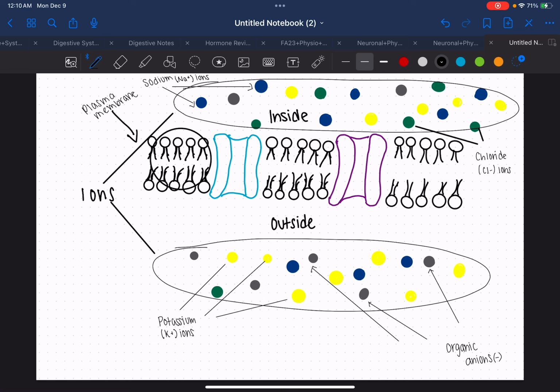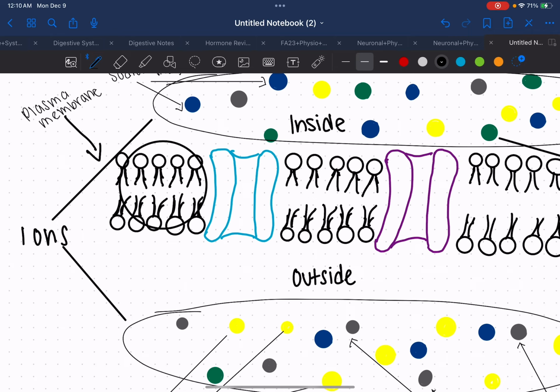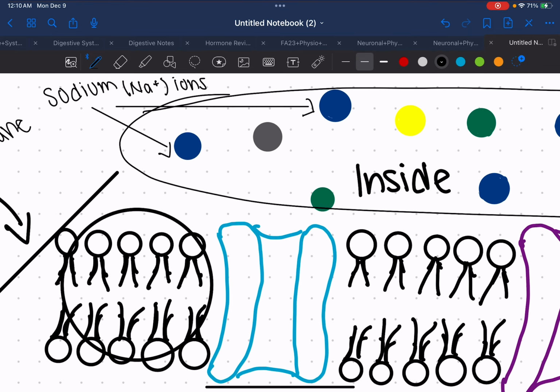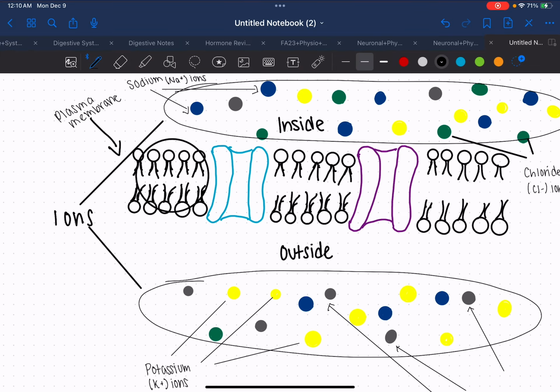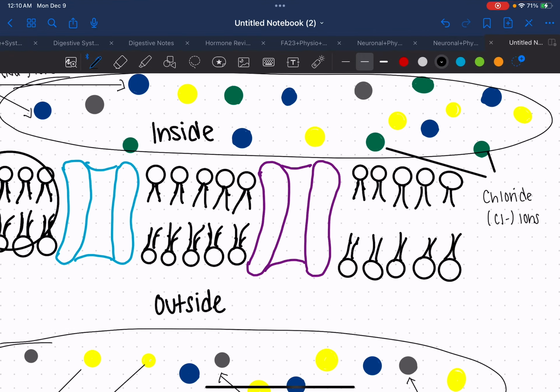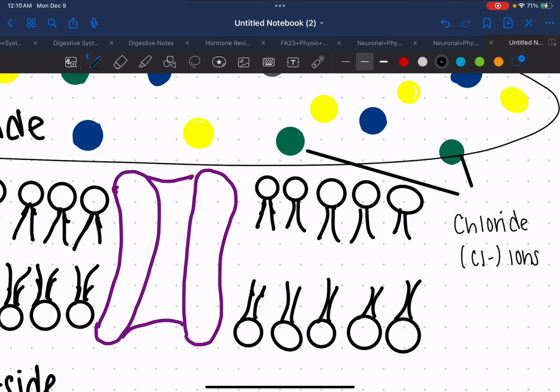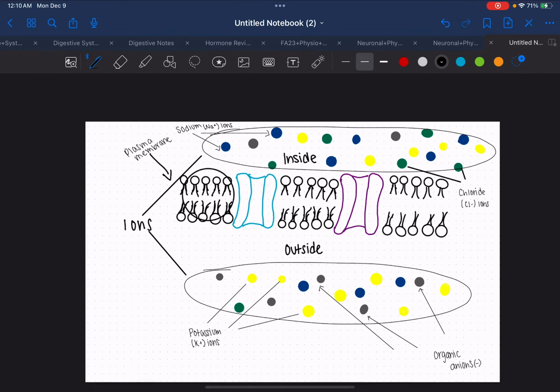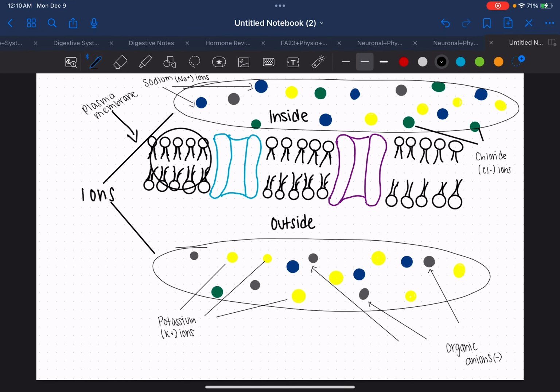There are several ions that play an important role in the membrane potential of neurons. There are positively charged sodium ions, which I have here in blue circles. Then we also have negatively charged chloride ions that I have drawn here in green. When a neuron is at rest, the sodium ions and chloride ions are more prevalent outside of the cell.